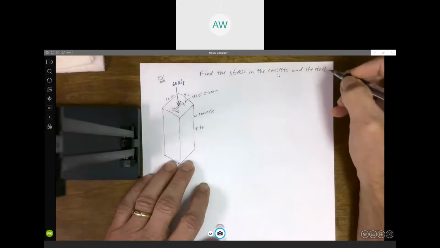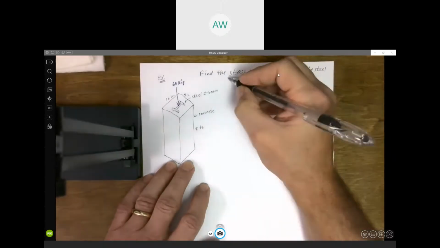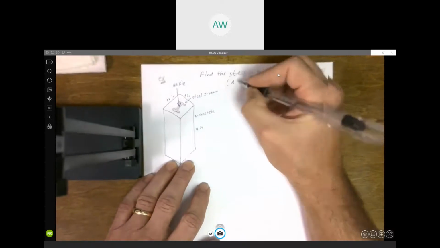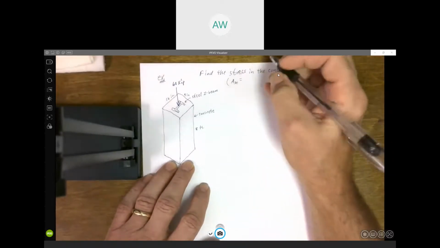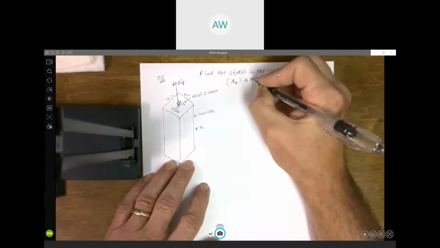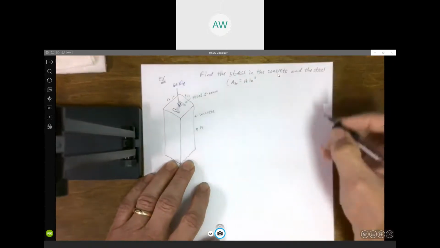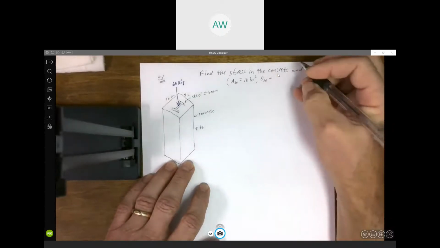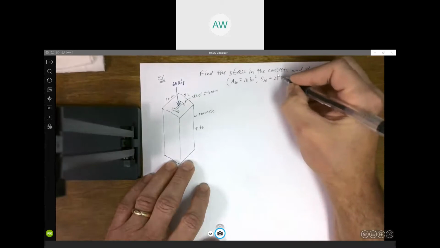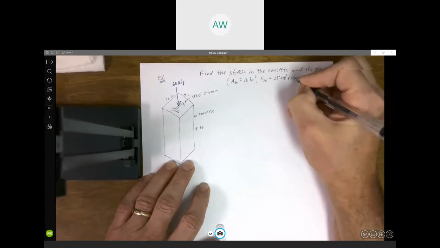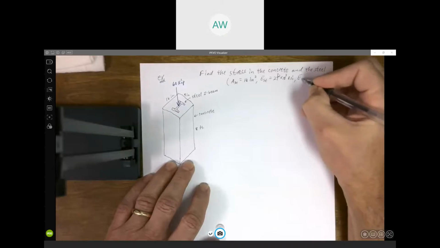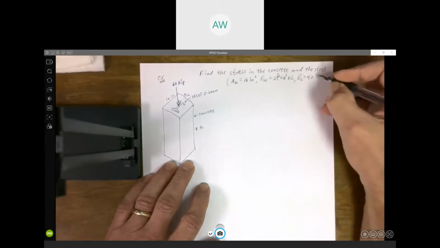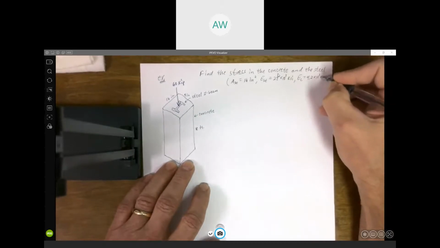And we're given some additional information. The cross-sectional area of that steel beam is 16 square inches. The modulus of elasticity of that steel is 29 times 10 to the third ksi. And E for the concrete is 4.2 times 10 to the third ksi.